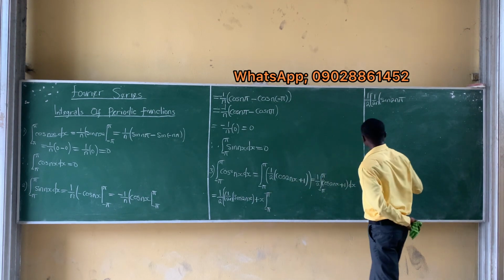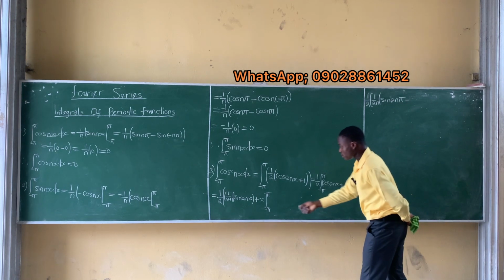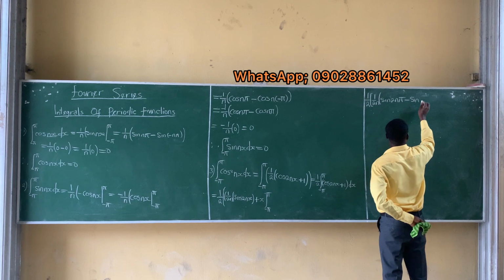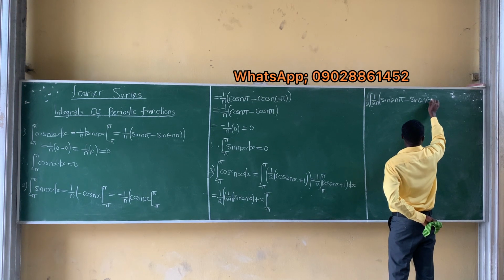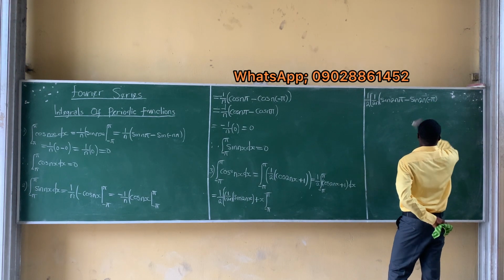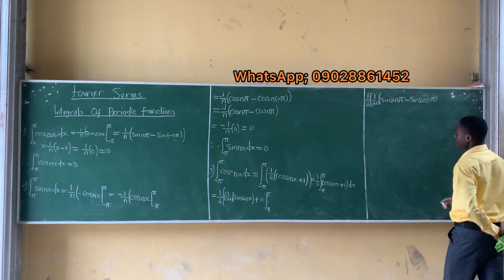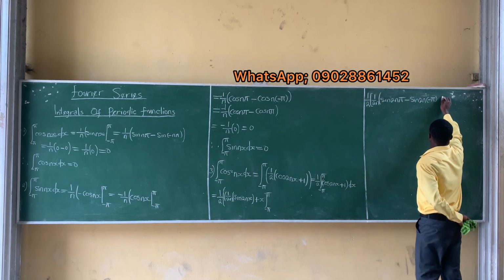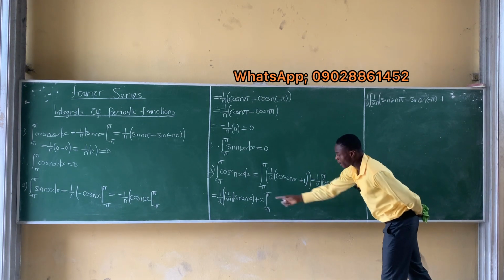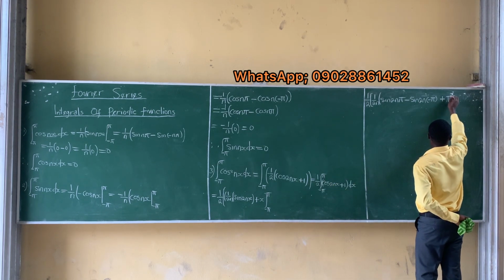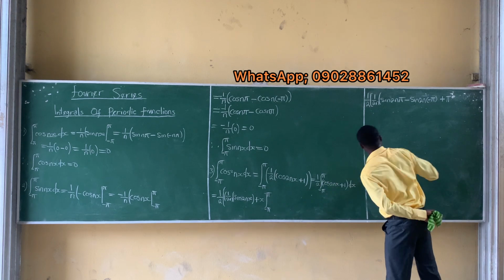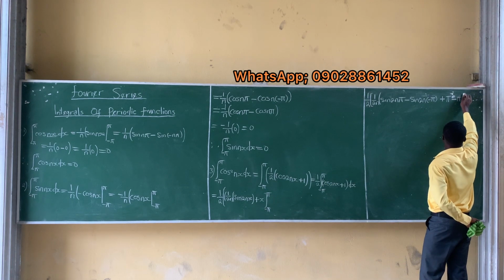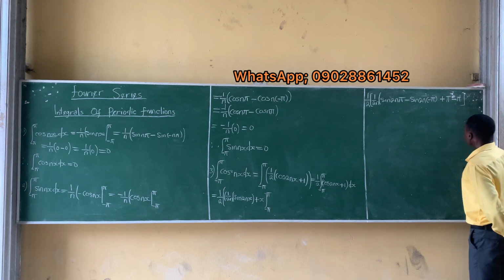So we have sine 2n pi, then minus sine 2n into minus pi. So this is what we have. Then also, the next one here is x, you substitute pi for x now, plus pi. Then the lower limit there is minus pi. You close your bracket. So this is what we have.